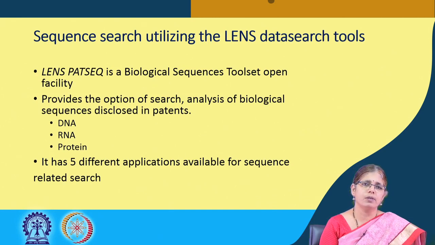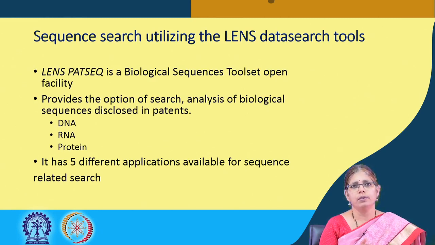Now, the Lens data search provides very enhanced options for doing sequence search and analysis in various ways. The primary aspect of the Lens data search is what we call the Lens PatSeq. The Lens PatSeq is basically a sequence search option available at the Lens database.